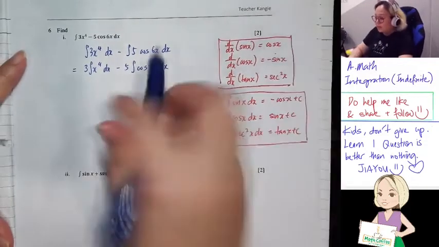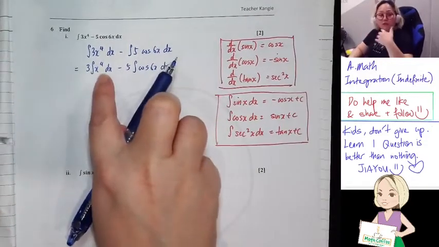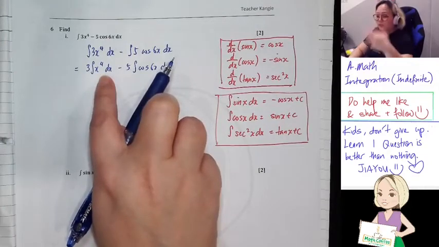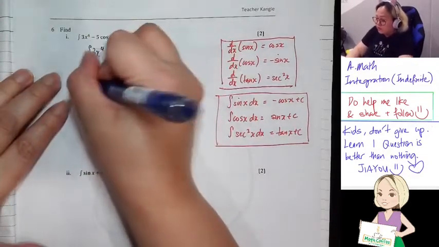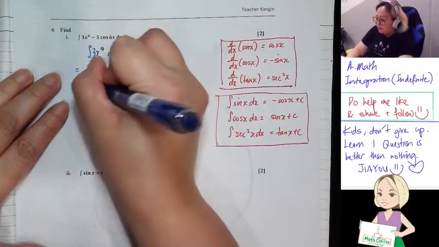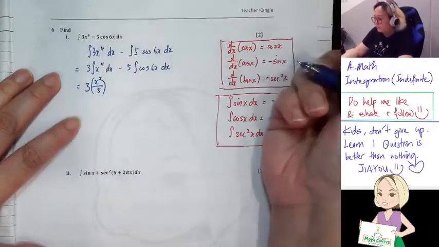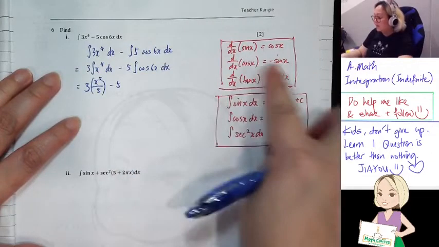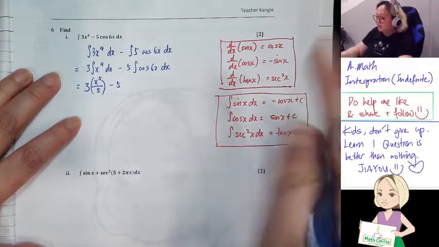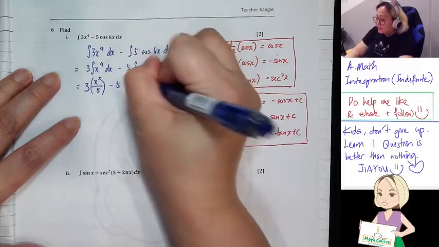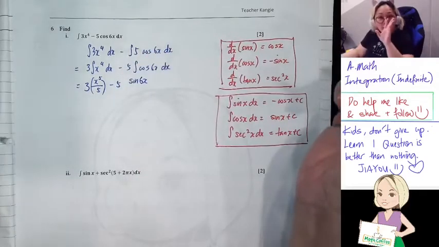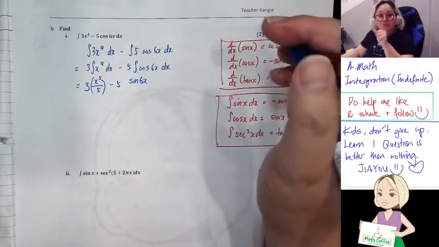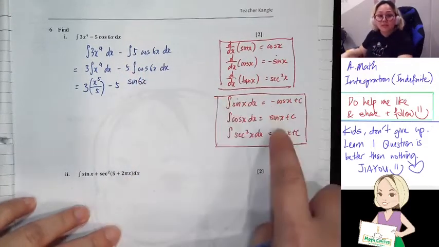So come back to here. Integrate x^4 is as per normal, whereby the power plus 1 over the new power. So it is just 3x^5 over 5 minus 5. Okay, see, integrate cosine gives me sine. So I will write it as sine 6x. But don't forget that this is slightly different. This is 6x, but this is x.